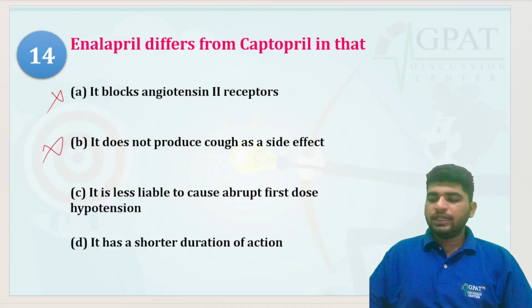No, all the ACE inhibitors generally produce cough as a side effect, whether it is enalapril or captopril. It has a short duration of action. No, it is a wrong answer. Option C: it is less liable to cause abrupt first dose hypotension. That will be the right answer.